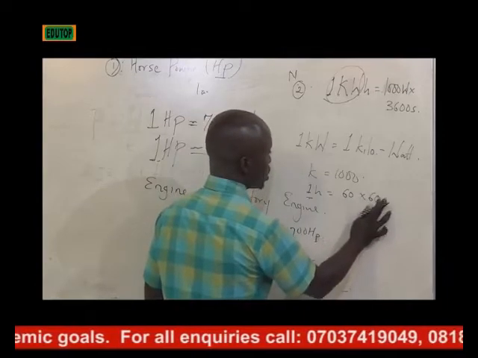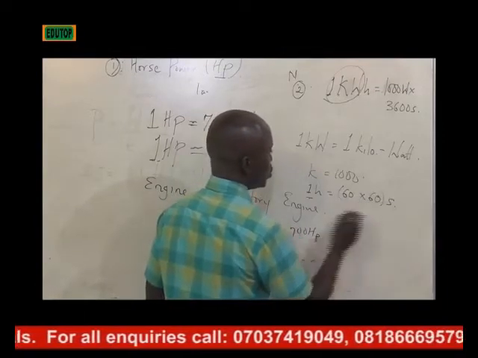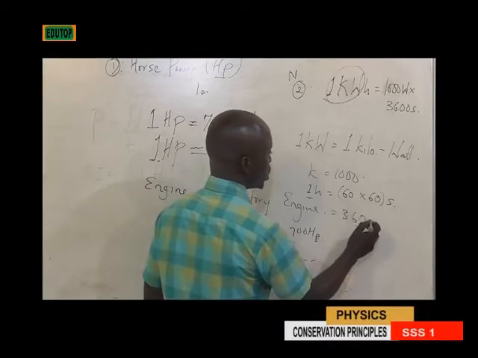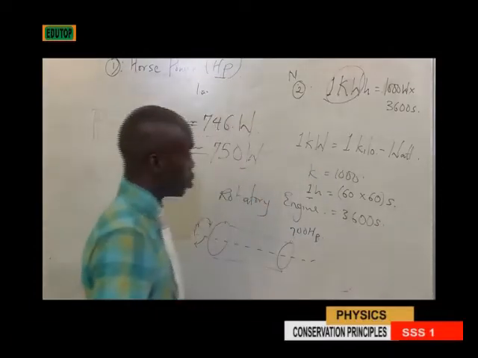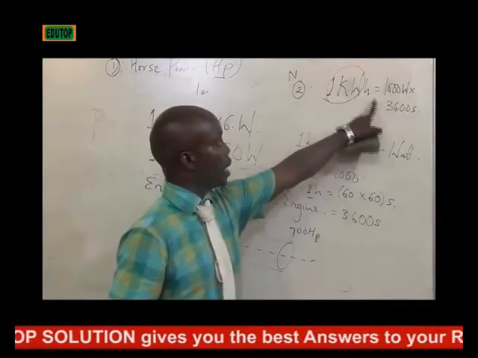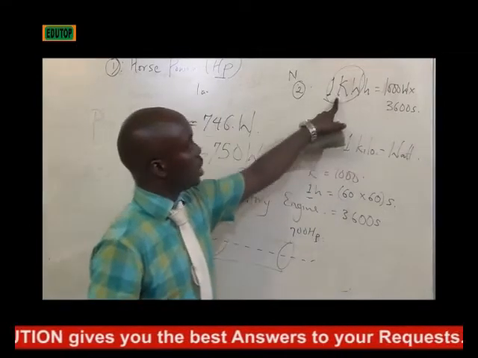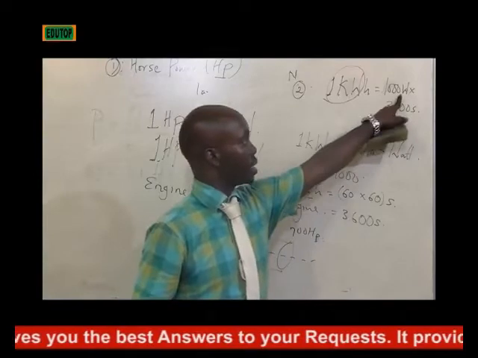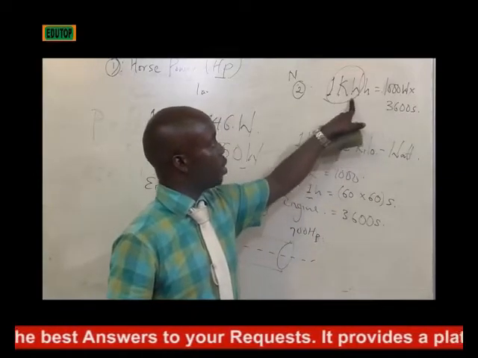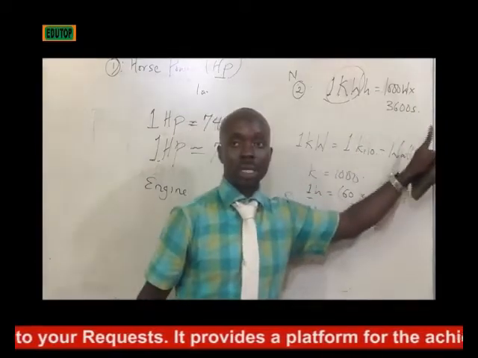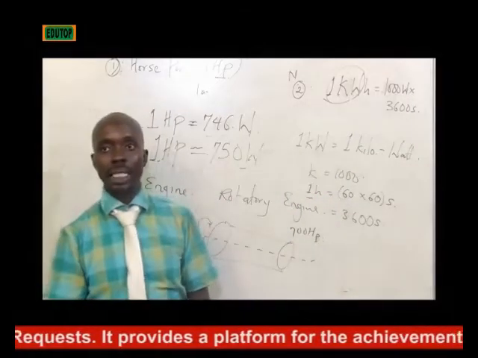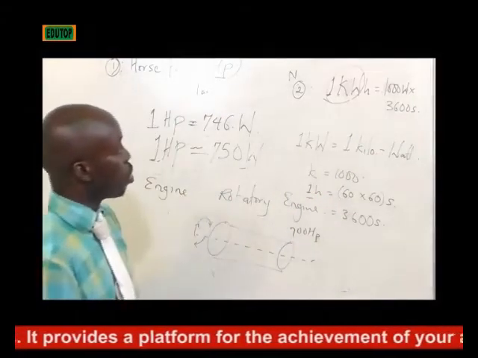You understand? 60 times 60 seconds, which will give you 3600 seconds. So at this junction, the 1 hour is 3600. The kW is your 1000 watts. So if you must convert 1 kilowatt hour, you are converting it by saying 1000 times 3600 seconds. So that is what we call 1 kilowatt hour.